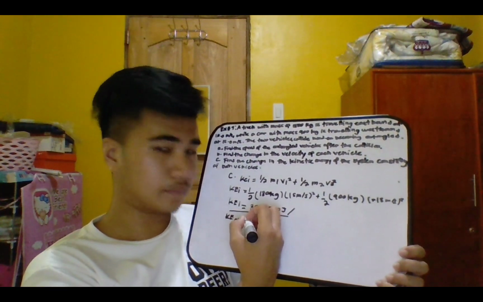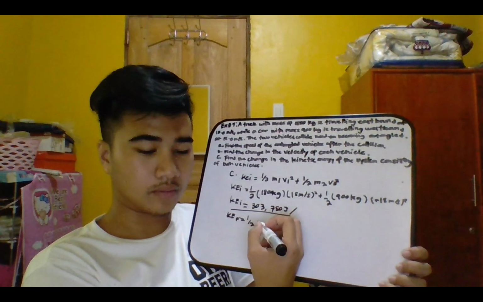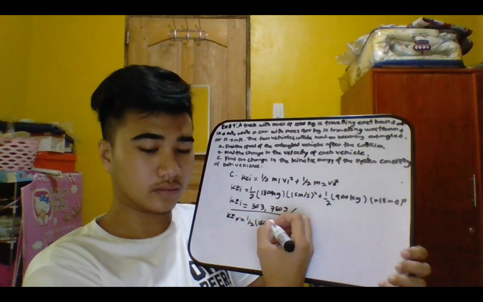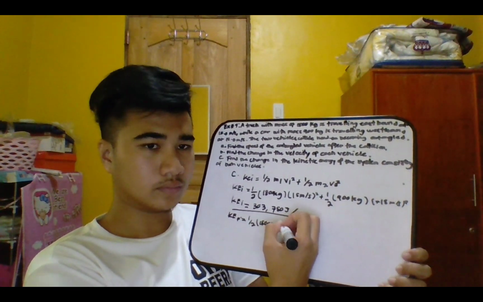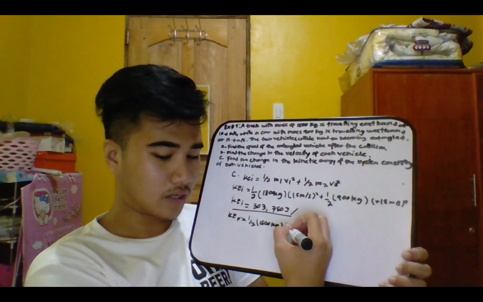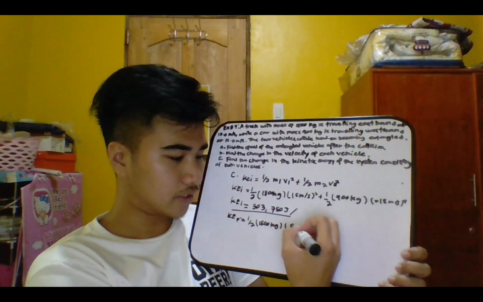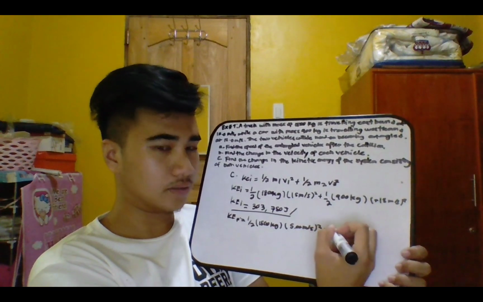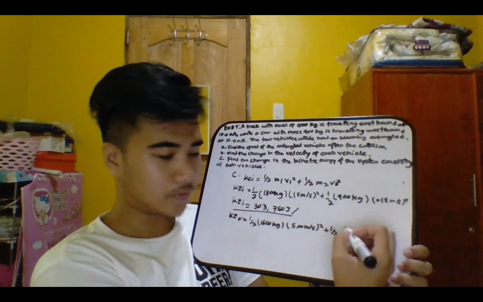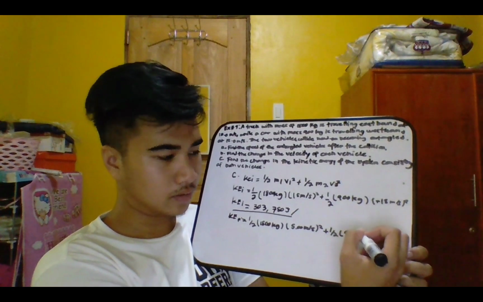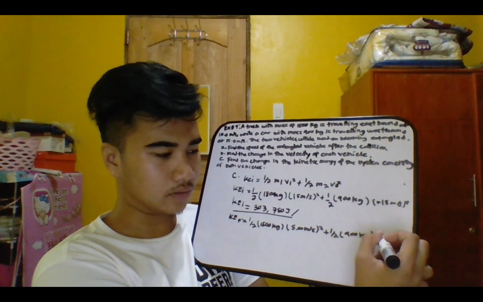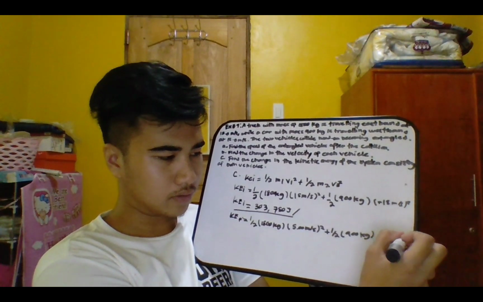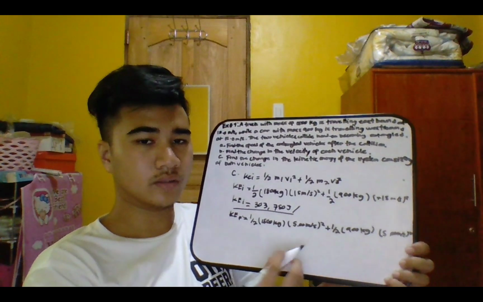So, 1/2 times the mass of 1,800 kilograms and their final velocity of 5 meters per second squared, plus 1/2 times 900 kilograms times 5 meters per second squared.